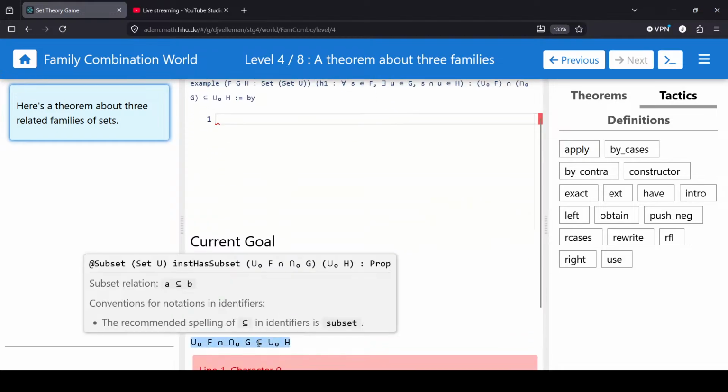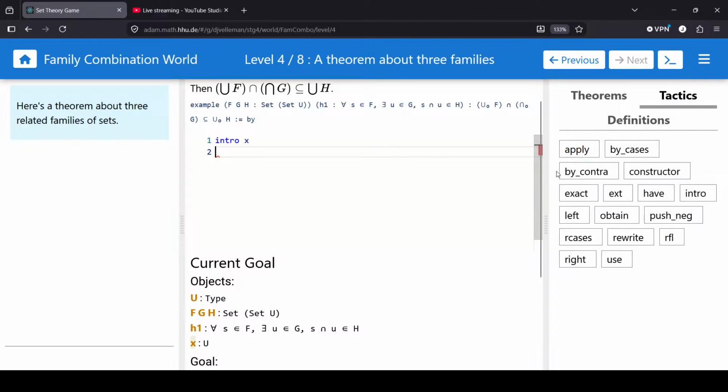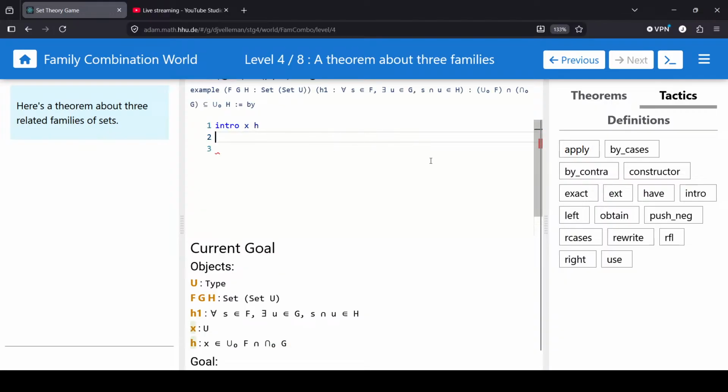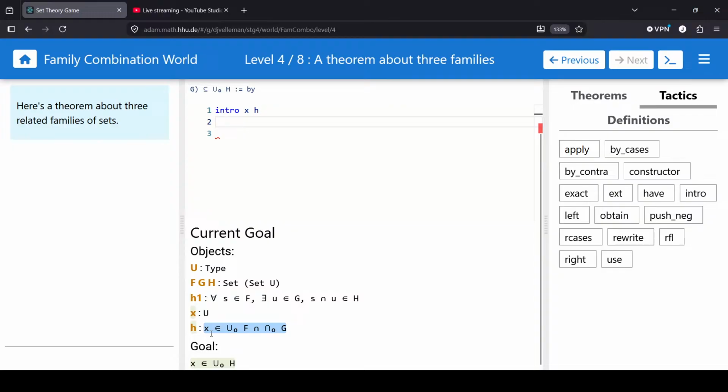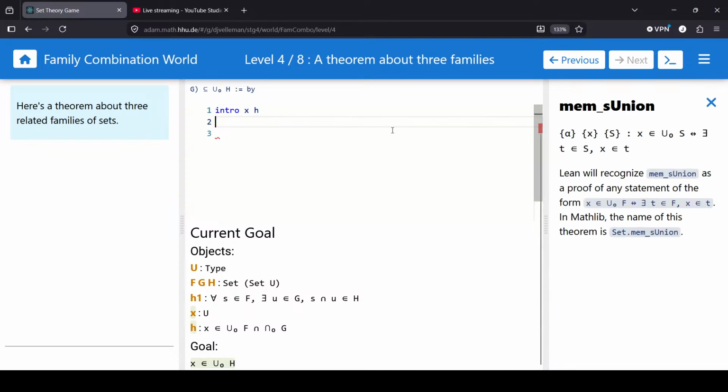Well, if I'm starting with this, I feel like I need to start with an intro, and then another intro. So now we have X is an element of... whoa. So we can rewrite, I think. Now we need to do a use.